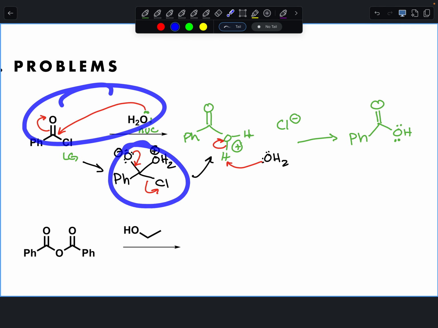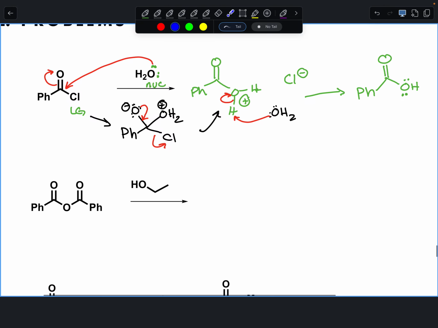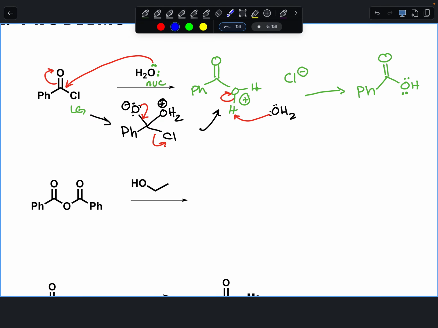So the overall transformation is going to look like this. We are going to remove what is called the alpha proton. This is the alpha proton. It's a proton on the alpha carbon. So the alpha carbon, to remind you, is the one that's next to the carbonyl. This is the alpha carbon. Okay, so we're going to remove the proton, and that's going to generate a nucleophile.